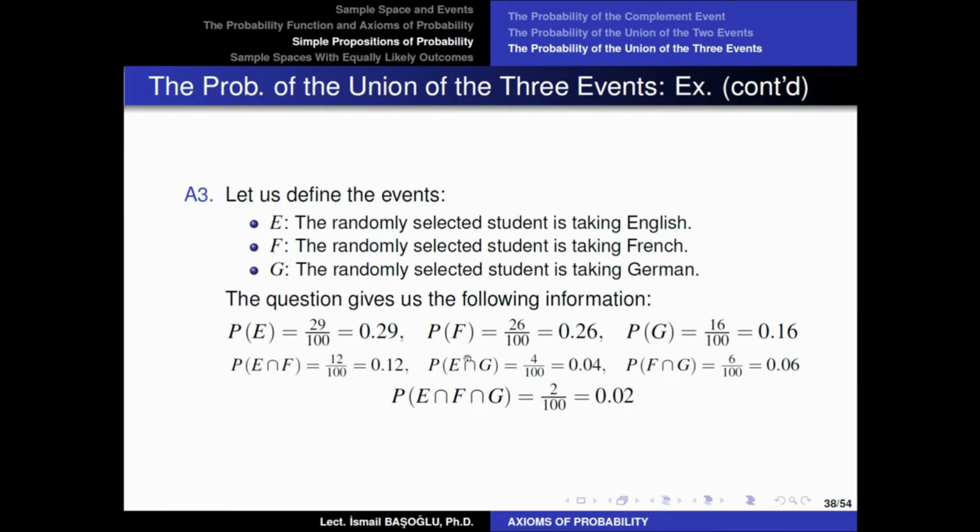The probability of event F, because there are 26 registered students in French class, is 0.26. And it is 0.16 for the German class because there are 16 students registered to German class.